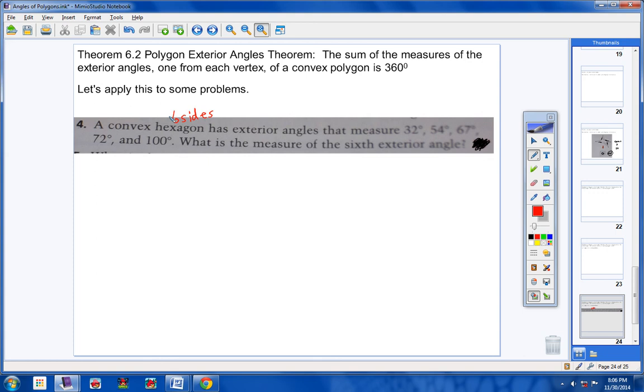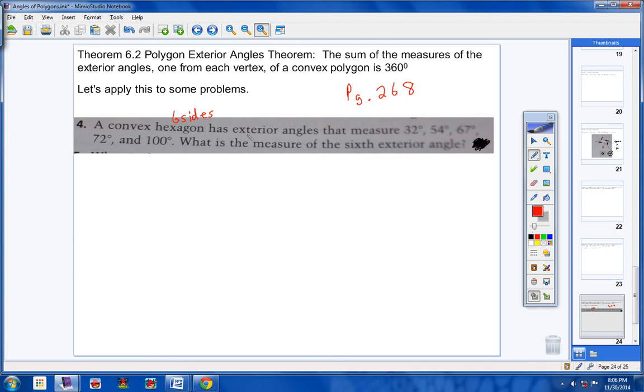On page 268, you will see all of the different polygons listed out from 3 sides up to about 10 sides, okay? So you should know what a hexagon is, okay?